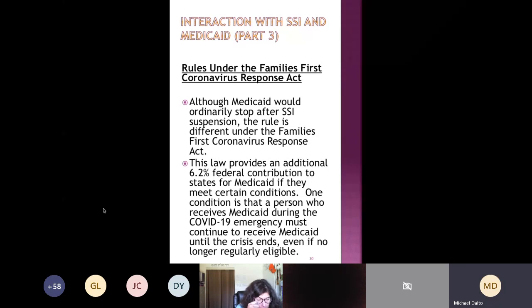The federal government pays X percent, the state pays the rest. What the Families First Coronavirus Response Act does is it tells states, if you choose, we will give you more money for your Medicaid program. We'll cover an extra 6.2% of the cost of your program, which is a huge increase.